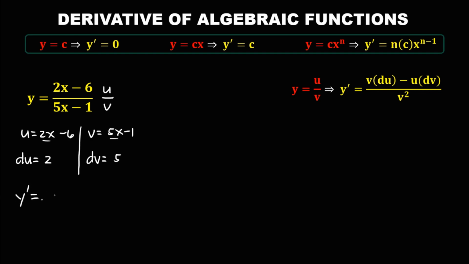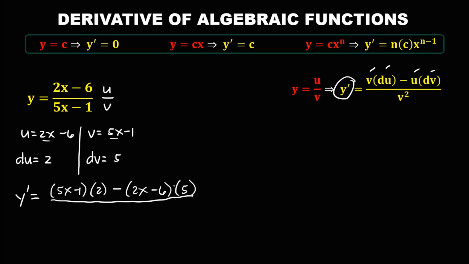Then to find the derivative from this formula, v times the derivative of u, so v is 5x minus 1 times the derivative of u, then minus u times the derivative of v, so u is 2x minus 6 times the derivative of v, which is 5, then over v squared. So v is 5x minus 1 quantity to the power 2.